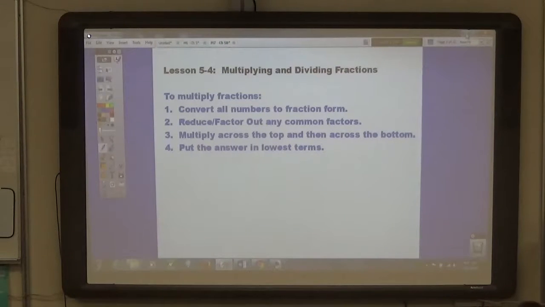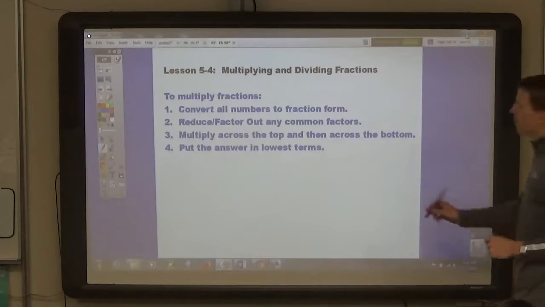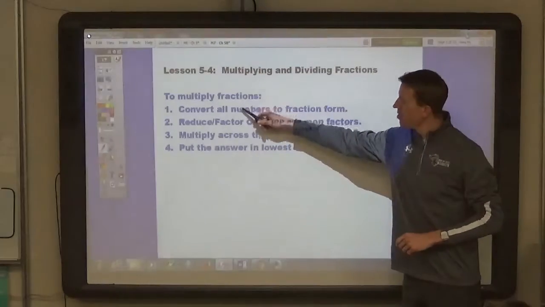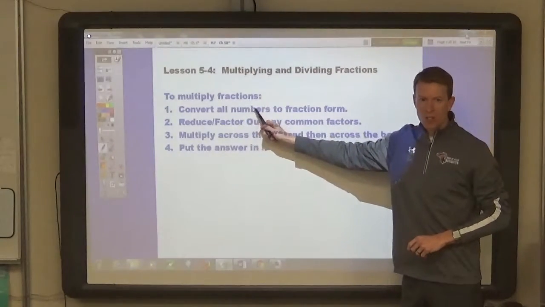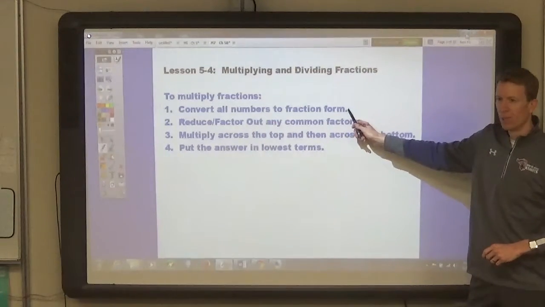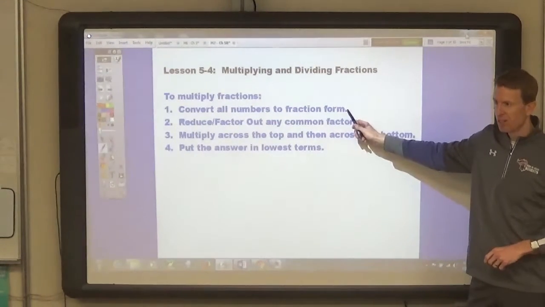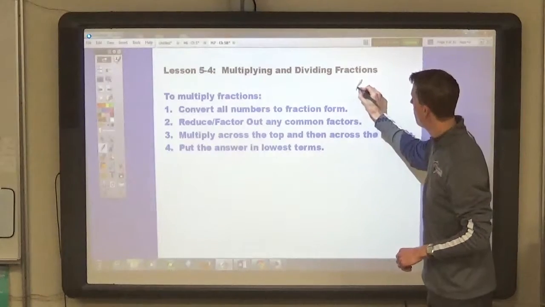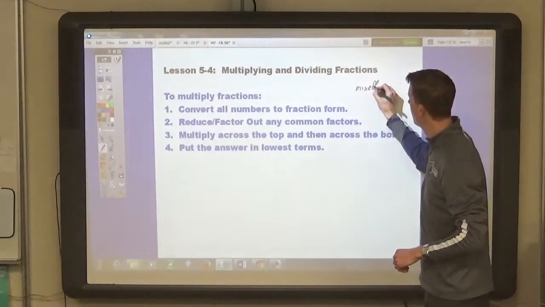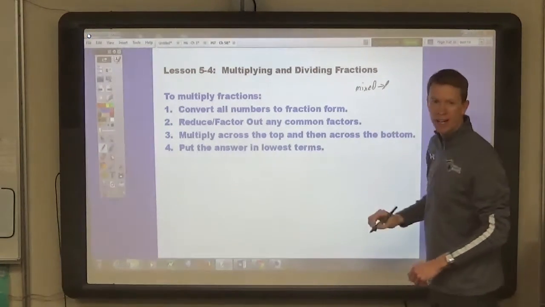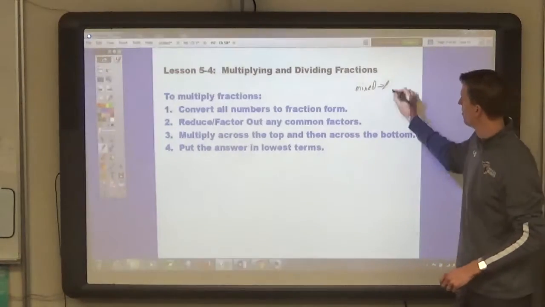And so when you are multiplying and dividing fractions, the first thing you have to do, class, is convert all the numbers to fraction form. Okay? So, for example, if you have a mixed number, you have to change it to a top-heavy fraction.